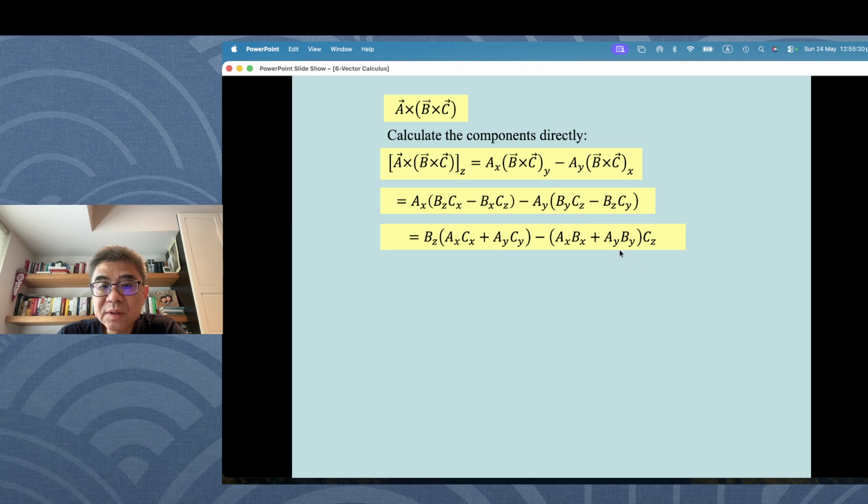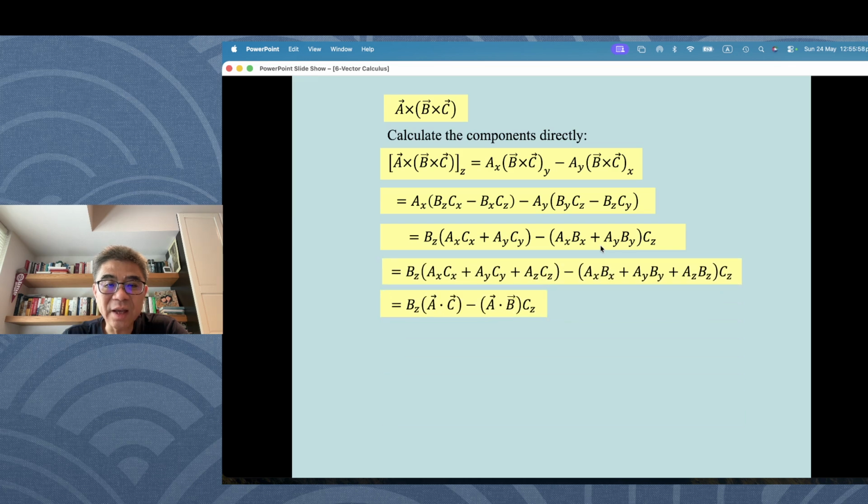So it's almost the same thing as the first term, X match X, Y match Y. Therefore, it looks like part of the inner product of A and B. What is missing is AZ BZ. Wait, so what is missing here is AZ CZ. So the missing terms are the same in both terms, okay?